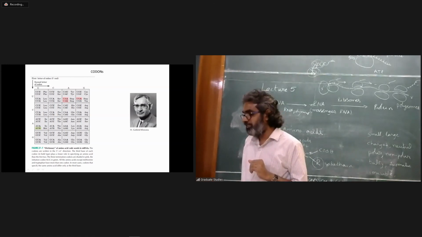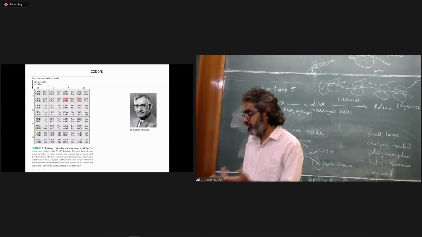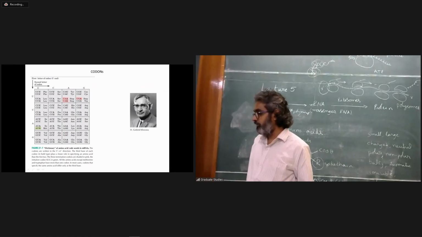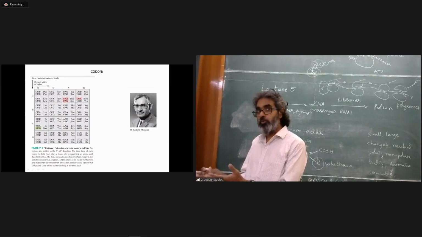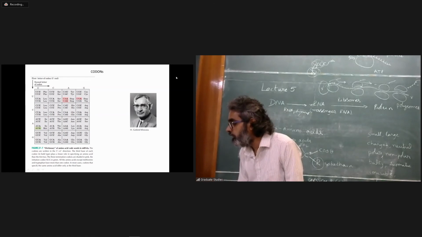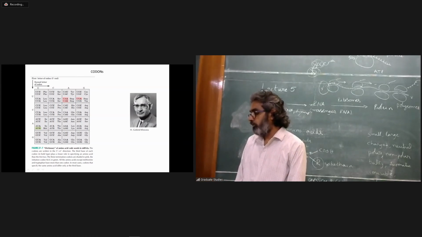Leucine has 6 codons, amazing. Tryptophan has 1 codon, and some other amino acids have 1 codon. Why? We don't know. That shows tryptophan is not a very high-frequency amino acid, so you don't want to waste your tRNAs on it. What is the other amino acid which has only 1 codon? Methionine. Maybe they want to reserve only 1 for starting.